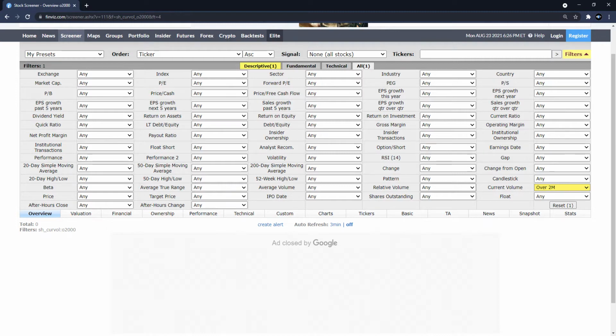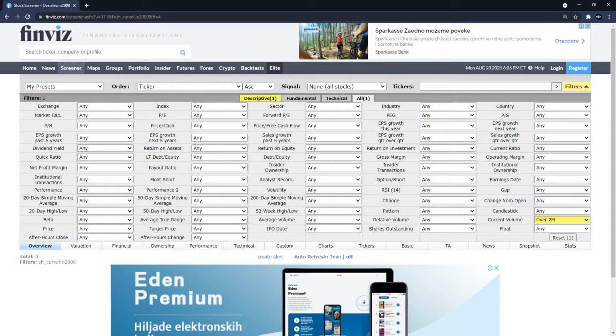RVOL, or relative volume, is the key to understanding volume flows. It helps you understand if today's trading activity is higher or lower compared to its normal trading behavior. If the market was open, we could find it out, but the market is still not open. The market is going to open in 4 minutes, so we can wait right here.